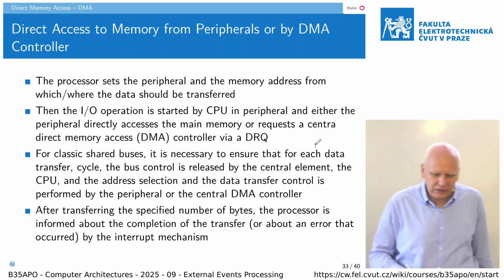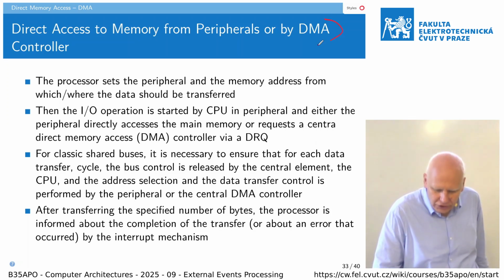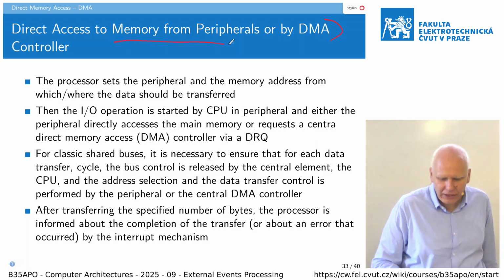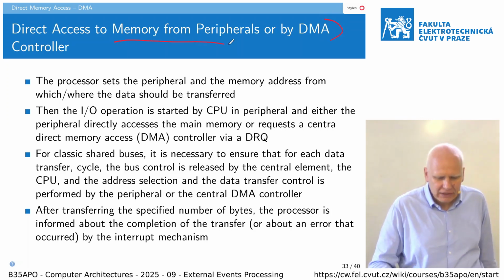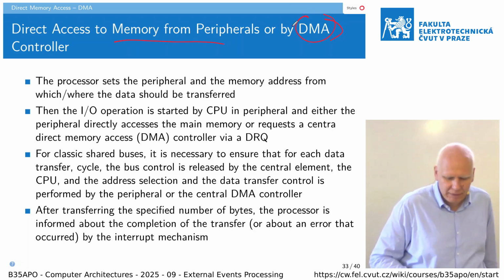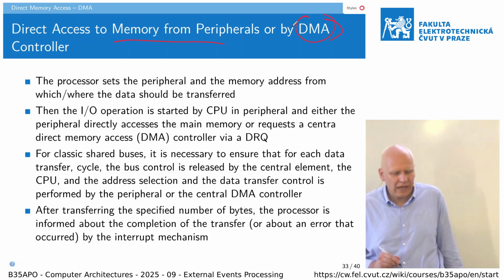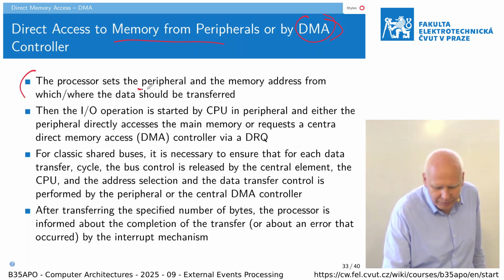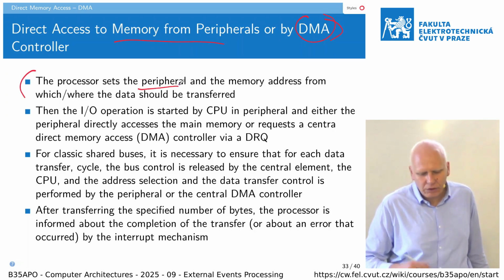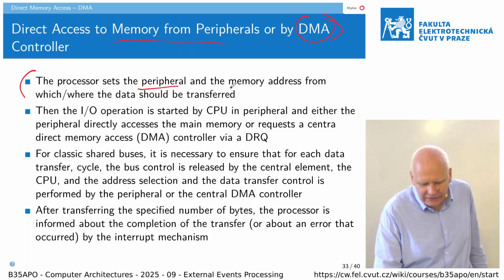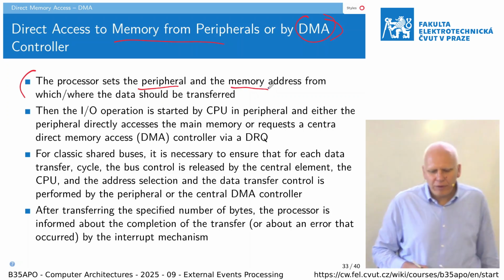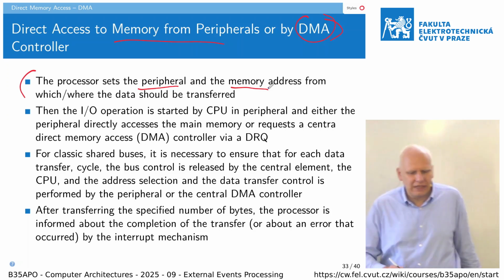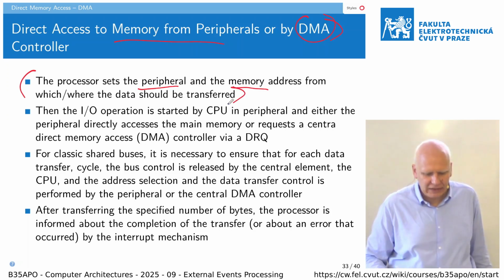For this reason, we want to switch to direct access to the memory from peripherals, which is abbreviated DMA. In this case, the processor sets the peripheral state, configures it, and sets up a memory address from which or where data should be transferred between the peripheral and the memory.